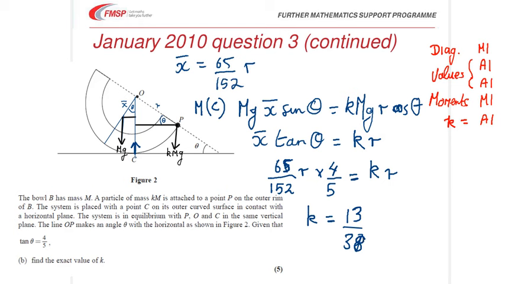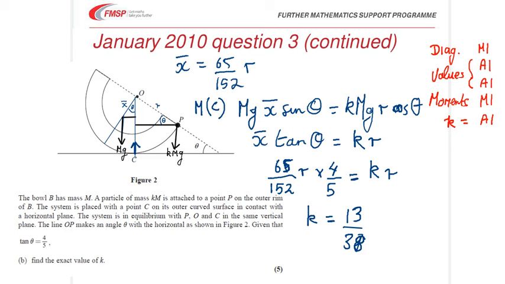Right, and the marks for this bit, I've jotted them down here. For a diagram showing how it's resting, a method mark for that. For putting the mg and the kmg and the x bar and the thetas in to show the values on the diagram, you've got another 2 accuracy marks in there.